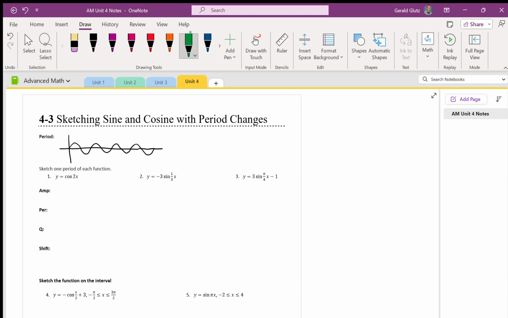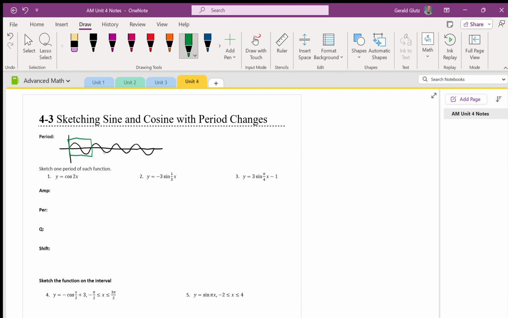And the period is where it stops doing something new and it starts repeating. That would be one period of this graph, because after this green box ends, it starts doing the same thing that it did at the beginning. So it starts repeating. So that's one period.